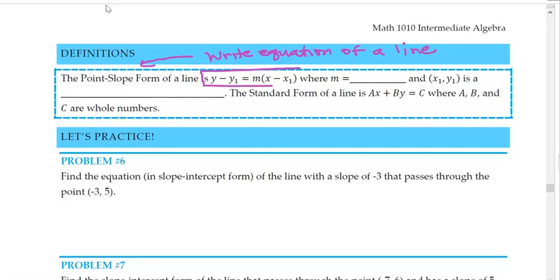It is y minus y1 equals m, and then parentheses x minus x1, where m, again, is the slope, and (x1, y1) is a point on the graph.